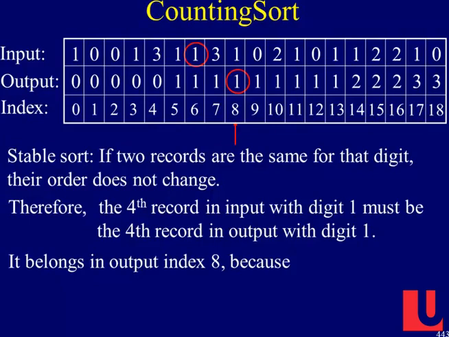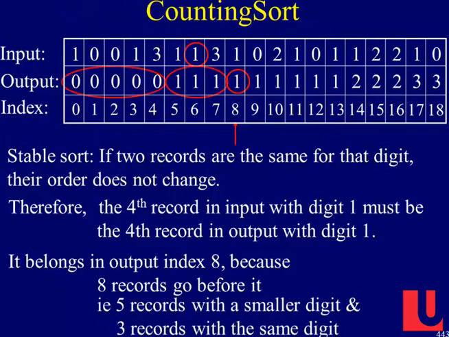This guy, there's 1 person before it, so it goes in location 1. So if we know how many people go before it, we know where to put it. So why are there 8 people before it? Well, because there are 5 numbers smaller than it, and there are 3 ones before it. Everybody with me here?